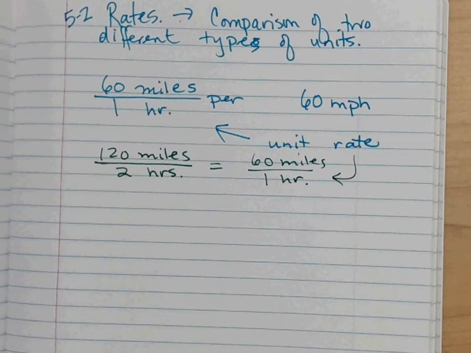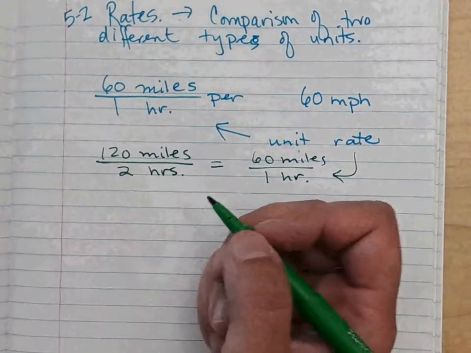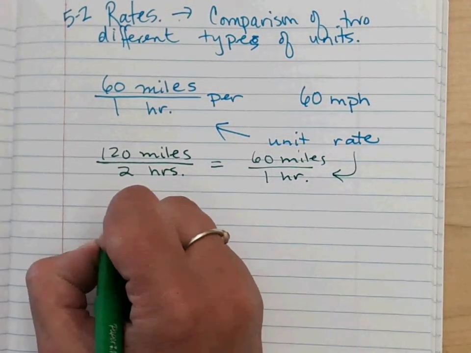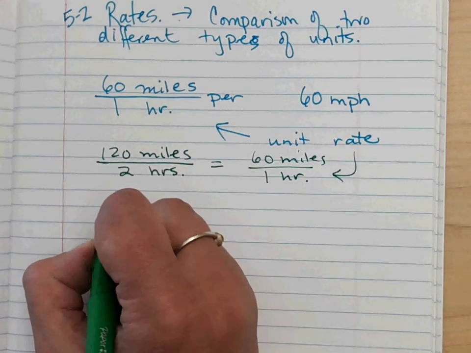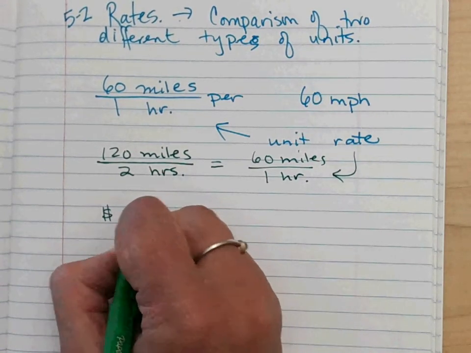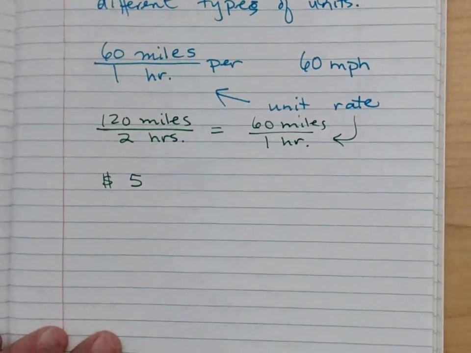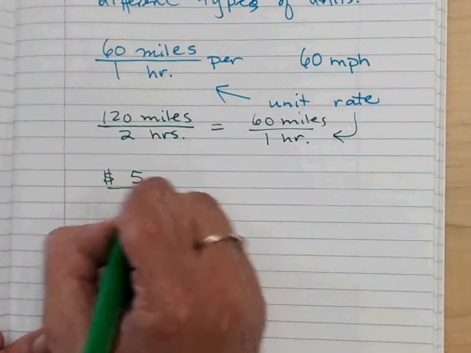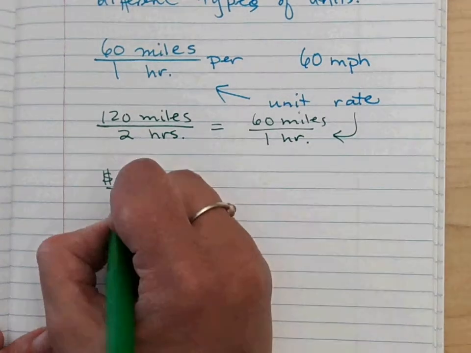Well, a really good example of this is when you go to the grocery store. Okay, if you were going to buy bananas, let's say that you spent, I don't know how much bananas cost right now, but I'm just going to make it up, $5 at the grocery store on bananas and you bought, I don't know, 10 pounds.